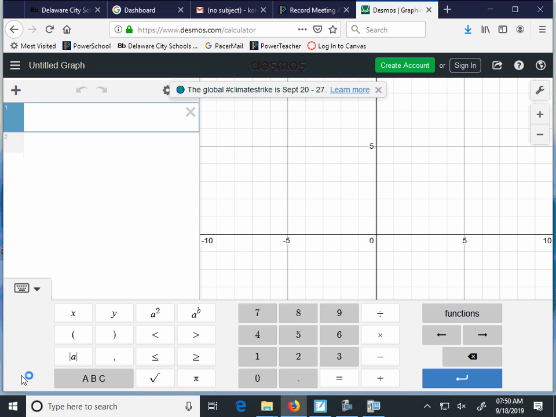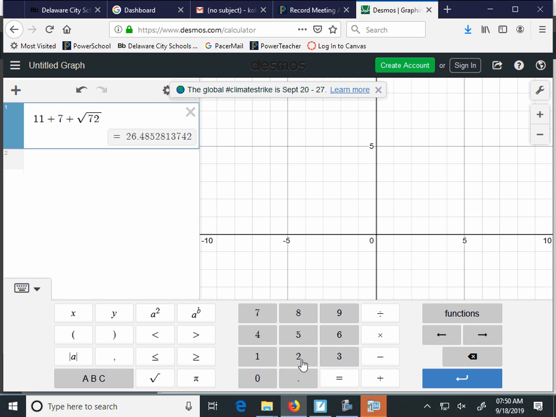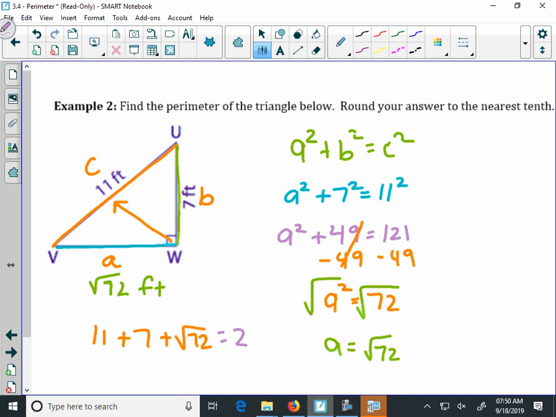So you do 11 plus 7 plus radical 72. I always like to put my radical last. So now, when we round, our answer said round to the nearest 10th. That's how many decimal places? 1. So we go to the 4, go to the next one. What would that 8 do to the 4? Bump it to 5. So rounded to the nearest 10th, our perimeter is about 26.5 feet, roughly.